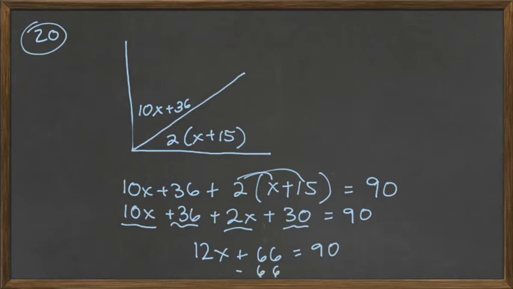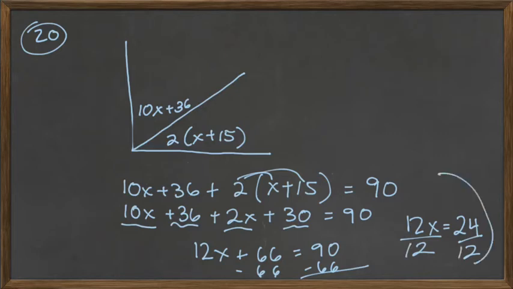If we subtract 66, we get 24, right? 12x equals 24. Divide by 12, I already have the answer in mind. x equals 2.